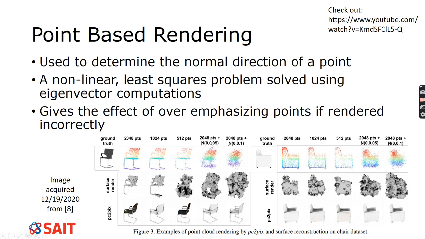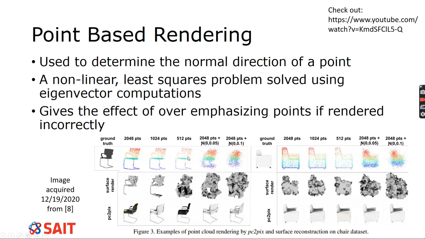We can end up overemphasizing points if it's rendered incorrectly. You can see here that if we don't have correct rendering, we're going to end up with points that are really overdone. For example, looking at these chairs, if we have really low points, we start losing the back of this chair. And even here, we're losing what's happening. You can see that there is a line here, but it's not even showing up in this case.